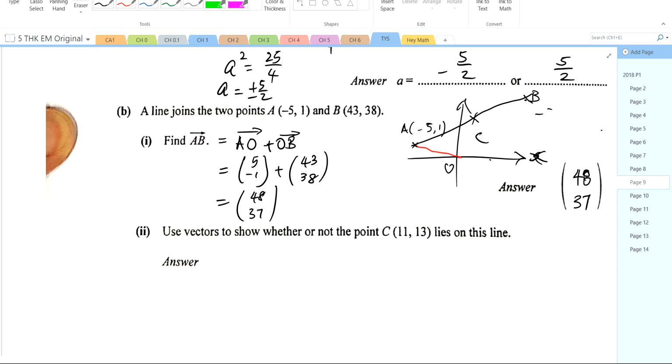Don't know. Okay, Xin Hui, what do you think? What will you compare? I want to prove A, B, and C are on a straight line. Which two vectors will you compare? Winnie.